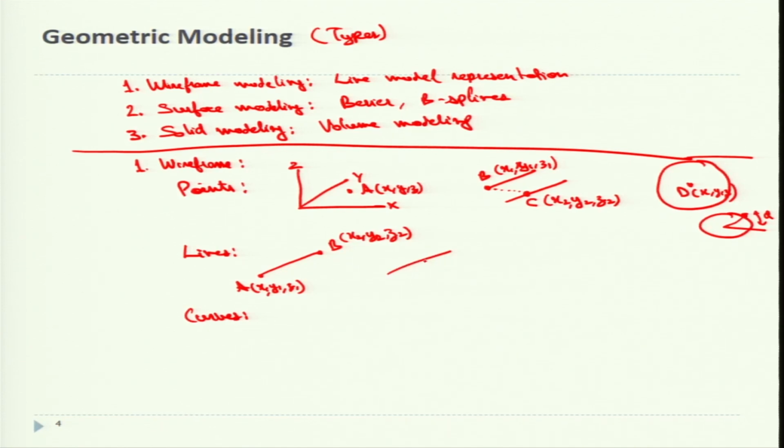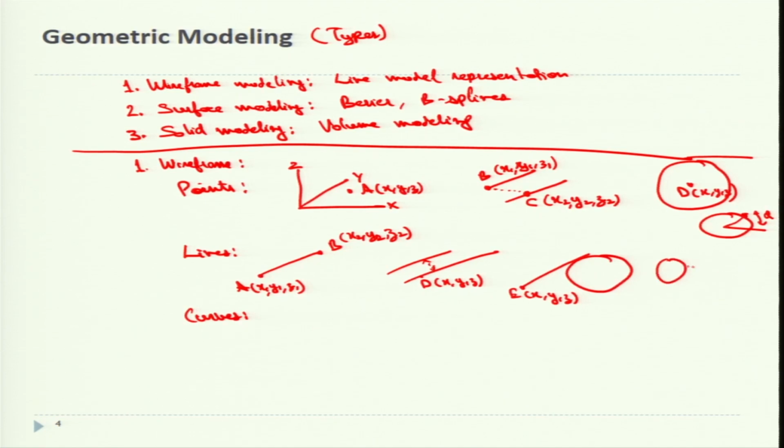There is a line, the distance between two lines, and this is a line that is parallel to it, starting from a point D, x, y, z. Or it could be a line that is tangent to a circle and starting from a point at a distance from the circle, let me say E, x, y, z.